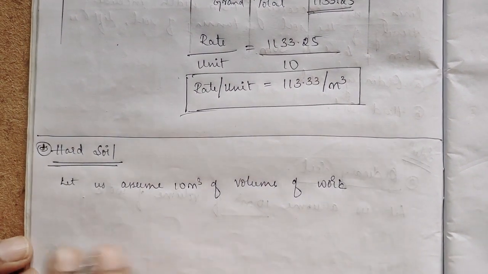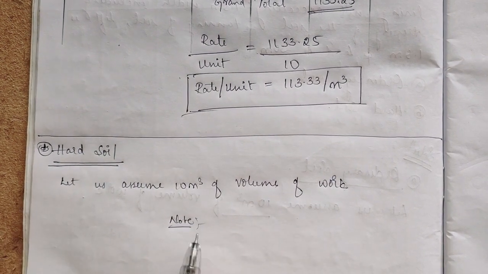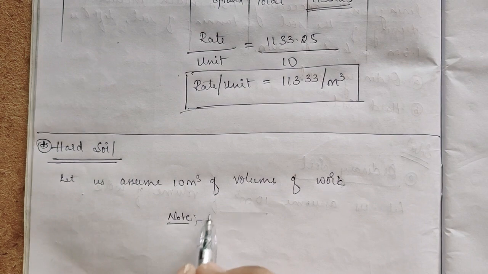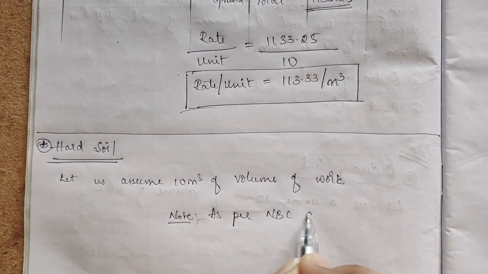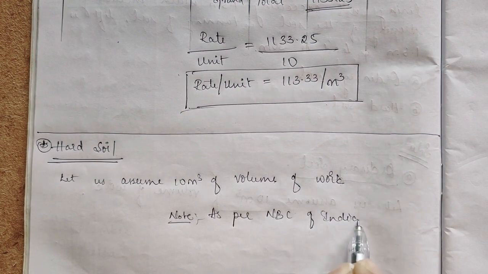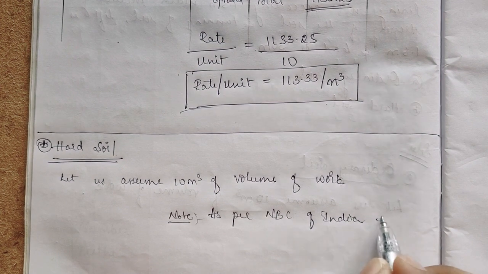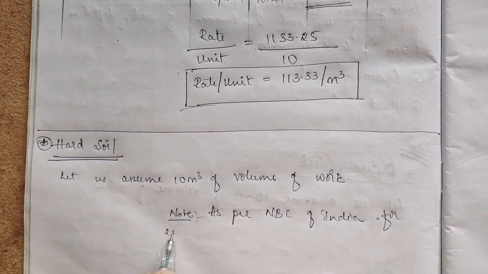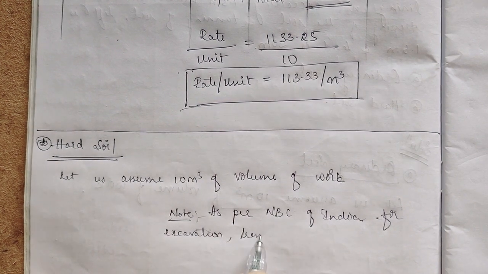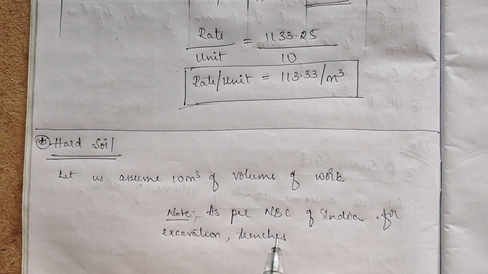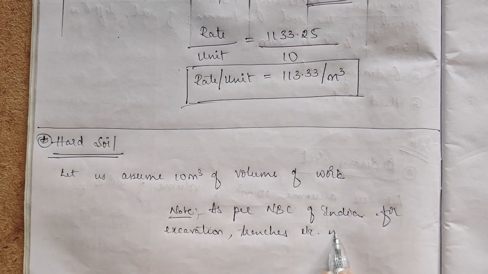Now we'll have the tabular column. Before that, I'll write a note here. Okay, you can write in the remarks also, but I'll write here only. So as per NBC of India, for excavation or for trenches, earthwork in hard soil.